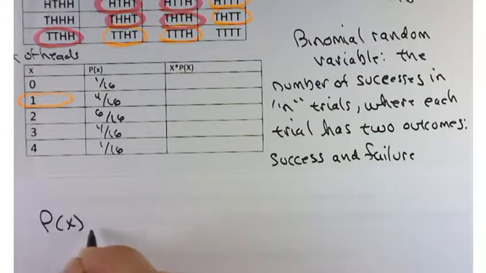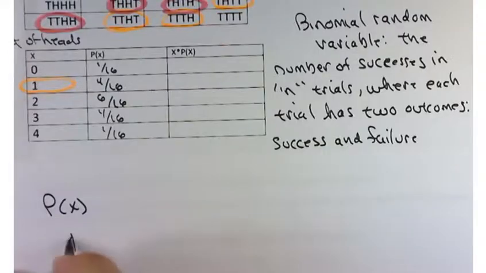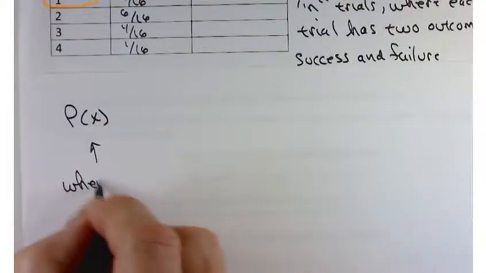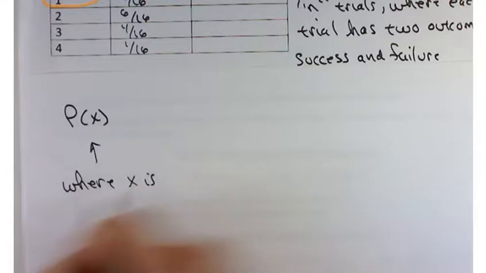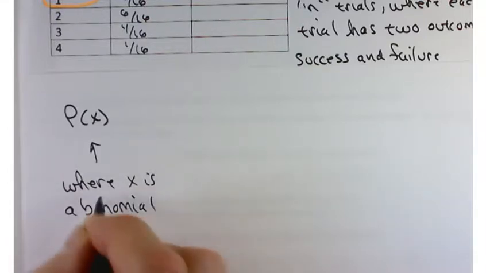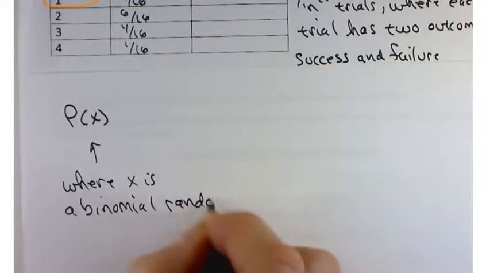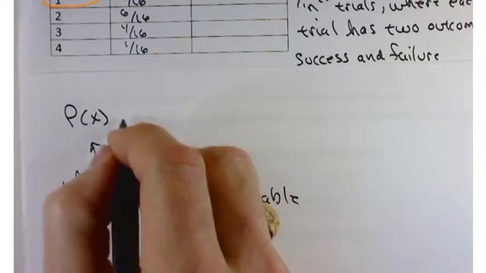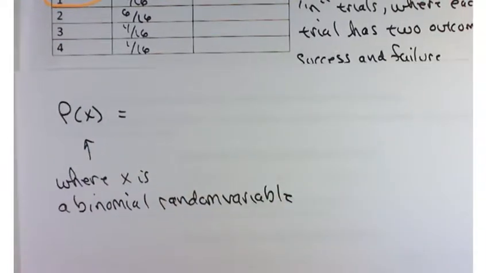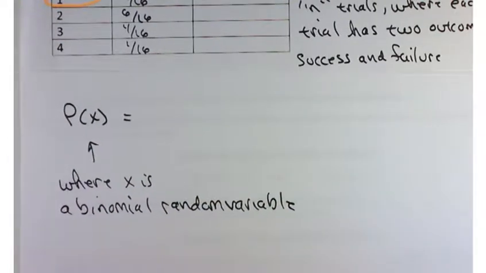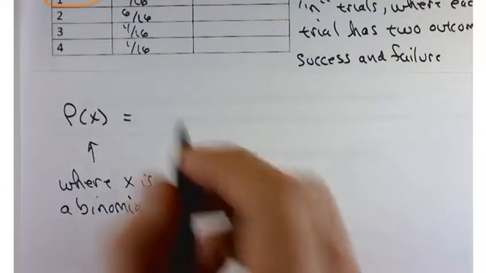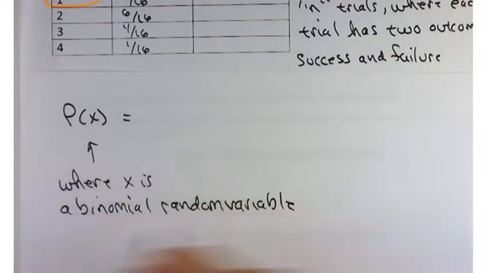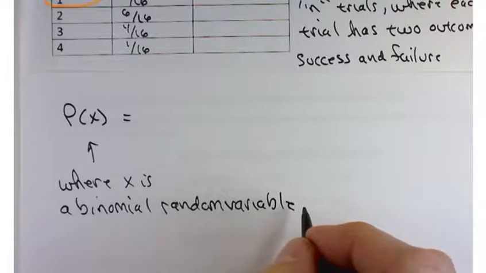P of x, where x is a binomial random variable. It's going to be given like this. I should probably give you a little bit more.